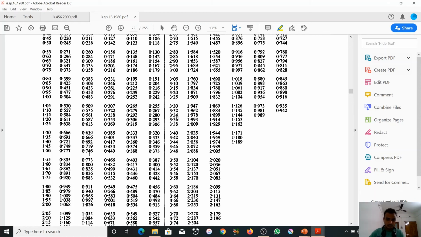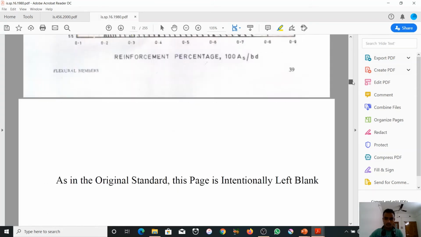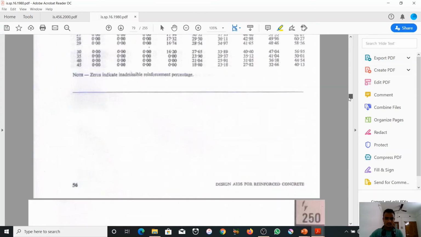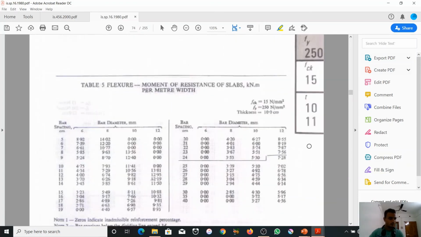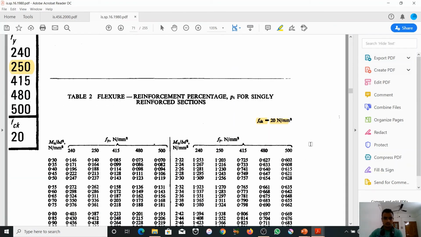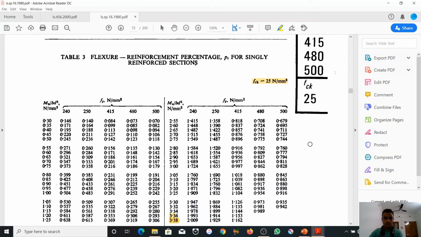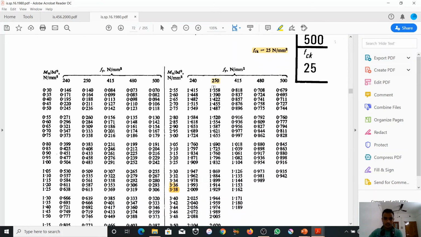We have 3.36 and 3.38, and Fy is 250, so we have to follow this second column.